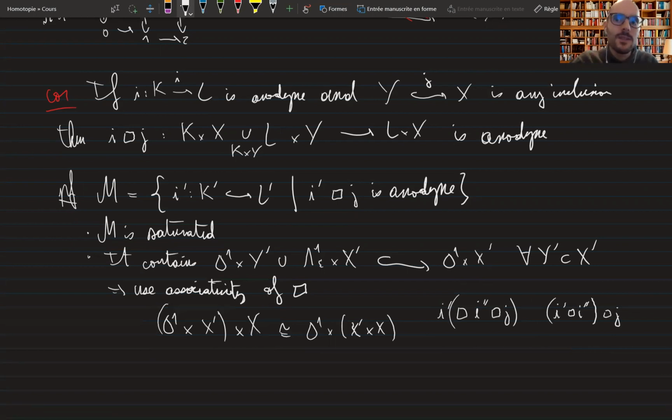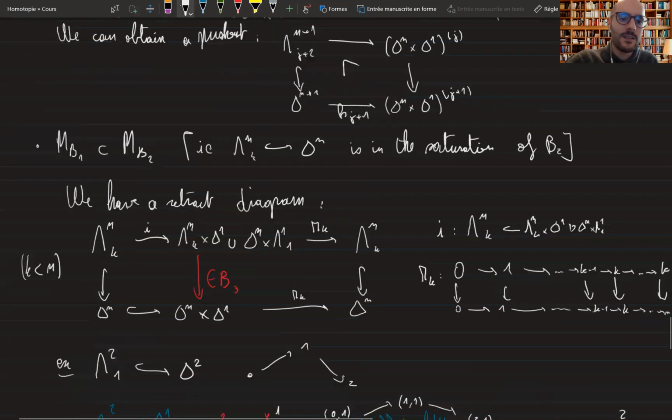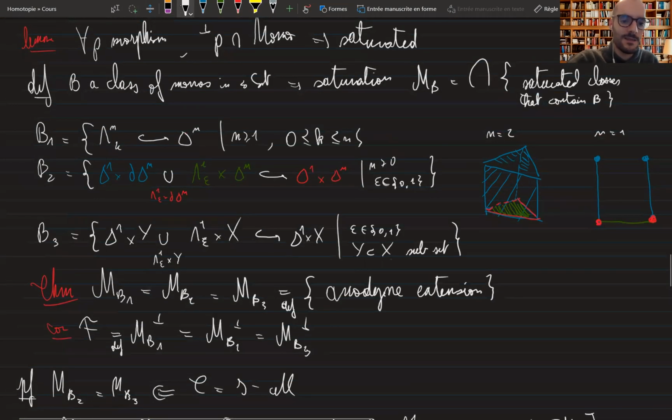And the statement is that these two subcomplexes are actually equal. And so it follows that if you have this inclusion here, then by definition, it will contain this map, because whenever you will have this thing here, you will land inside this class.